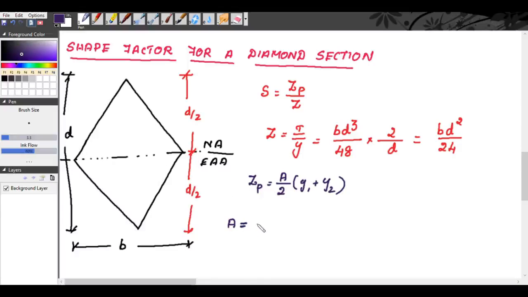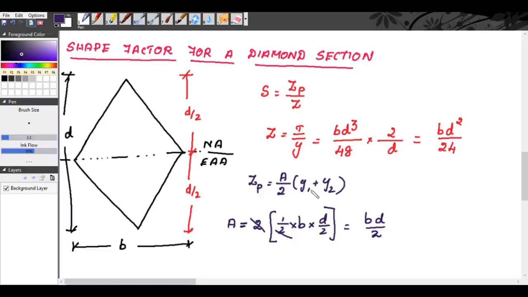So 2 times area of this one triangle. This triangle is half into base is B into height is D by 2. So we get, you can cancel this 2, we get area as BD by 2.